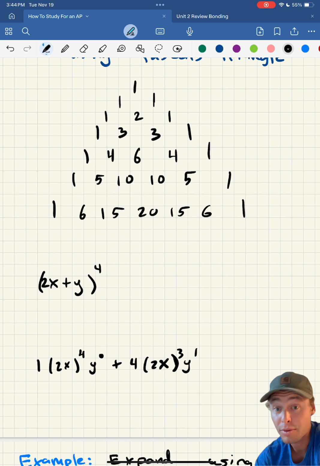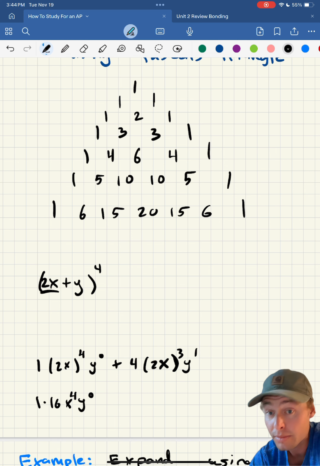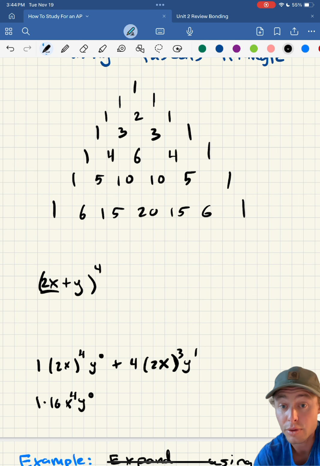That means that the exponent is going to the 2 as well as it is to the x. Okay? So 2 to the fourth is 16, right? So this would be 1 times 16 x to the fourth, y to the 0. So make sure if there's a number inside with the variable, make sure you're giving the exponent to that number as well as to the variable.